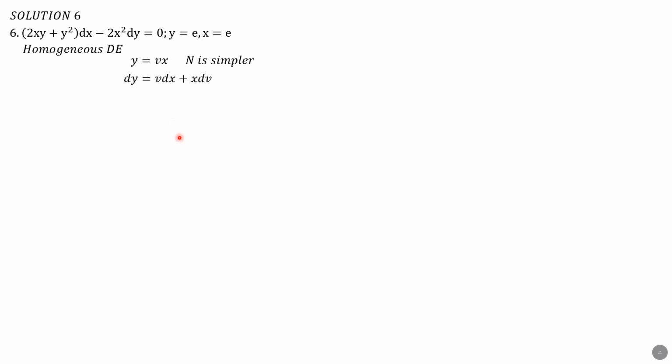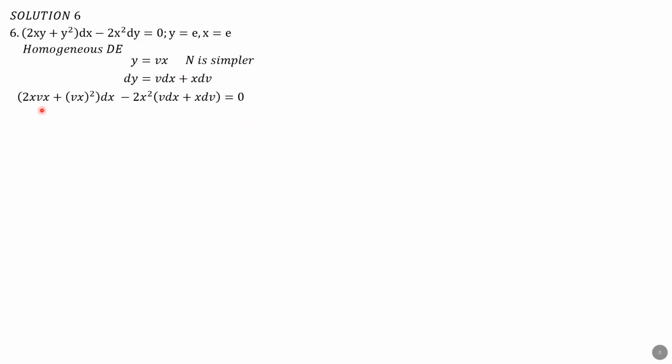So substitute into this formula, x is retained and y is replaced by vx. So (2x·vx plus (vx) squared) dx minus 2x squared dy, and dy is equal to quantity v dx plus x dv, equals 0.